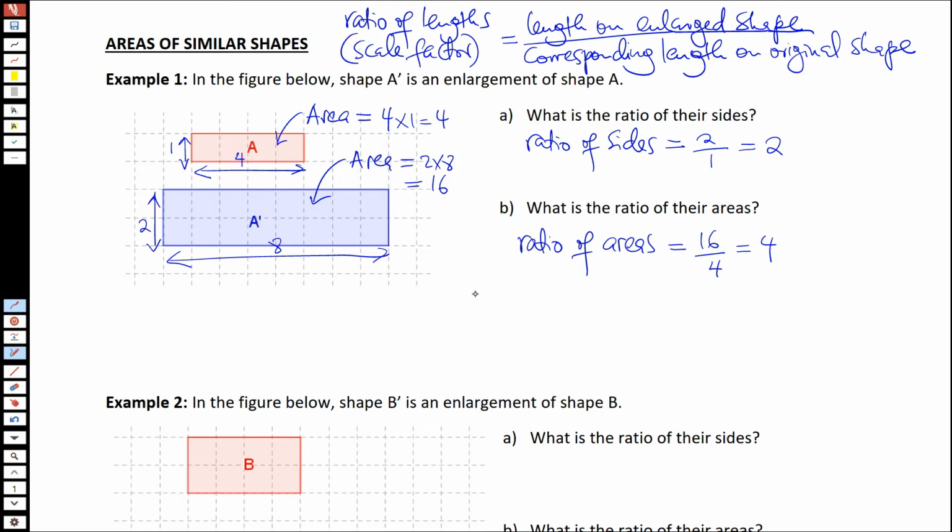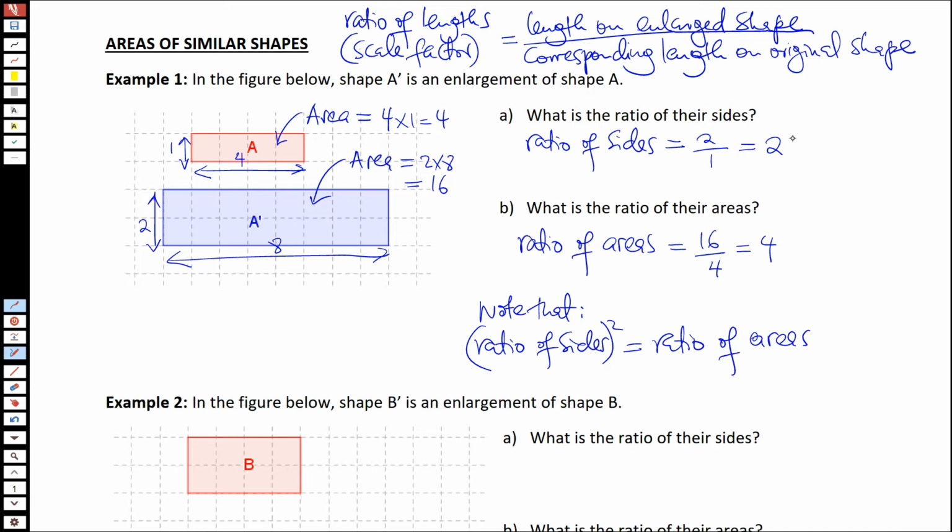So note that if you square the ratio of the sides, what that gives us is the ratio of the areas.